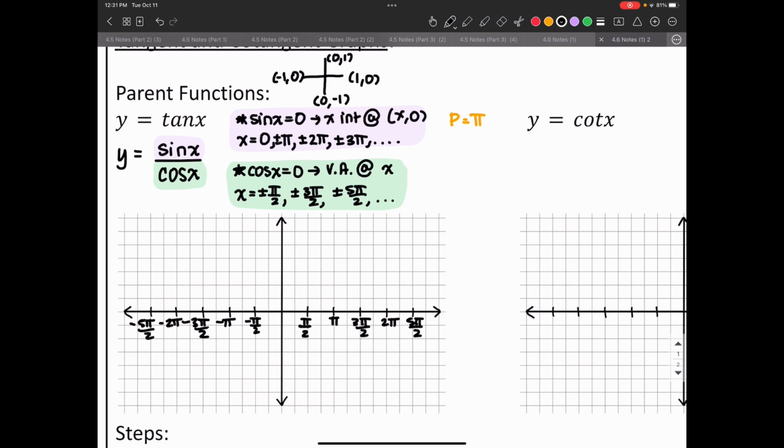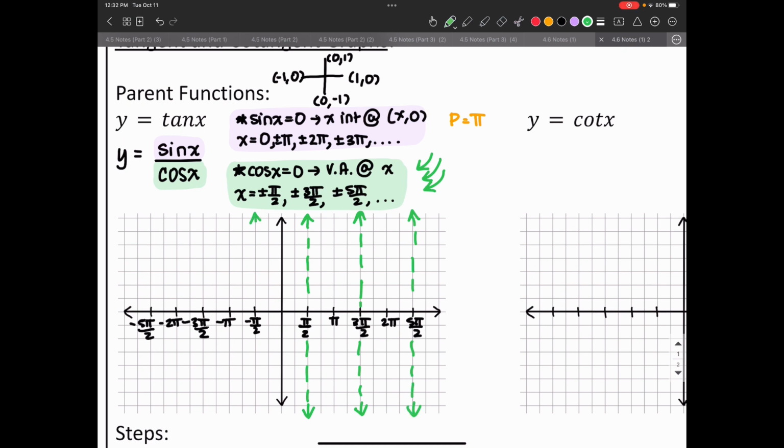Then I'm going to draw these important things that I just found. So vertical asymptotes, I'm going to start there because that's what I start with when I was doing rational functions. So I'm going to put a vertical asymptote on pi over 2. I'm also going to put one on 3 pi over 2 and 5 pi over 2. So this is where I'm going to have vertical asymptotes for the tangent graph.